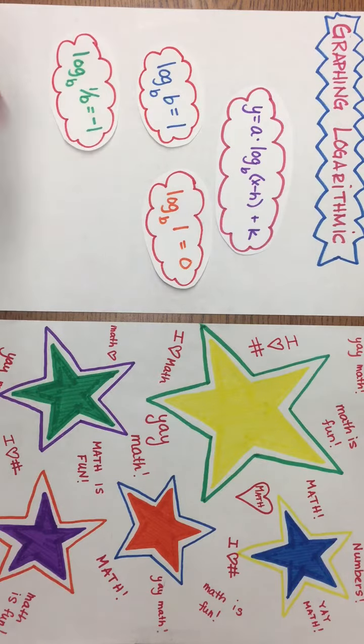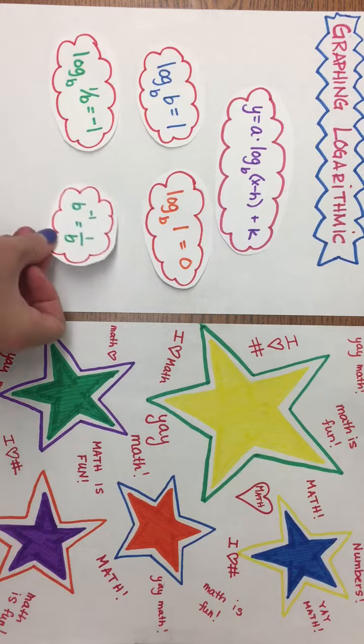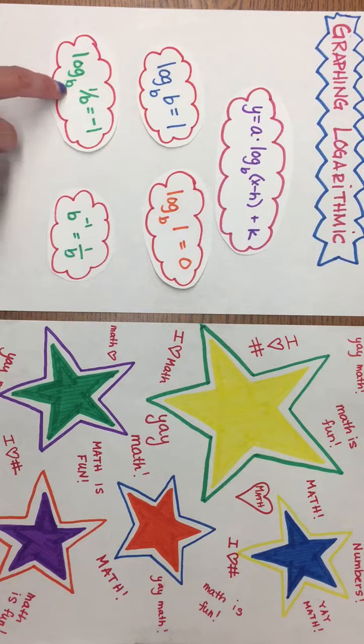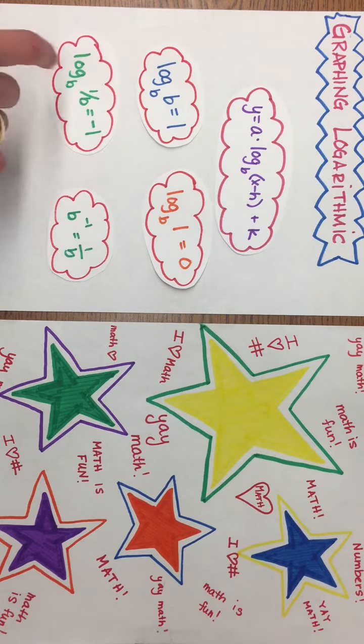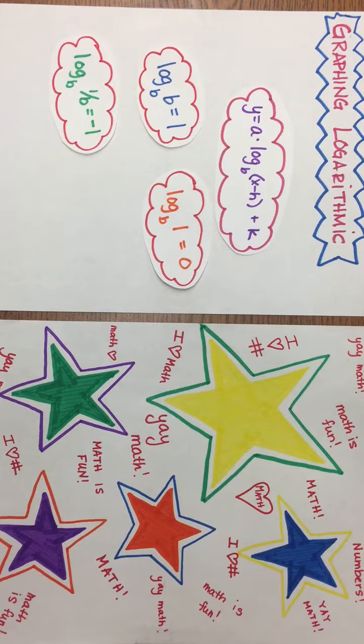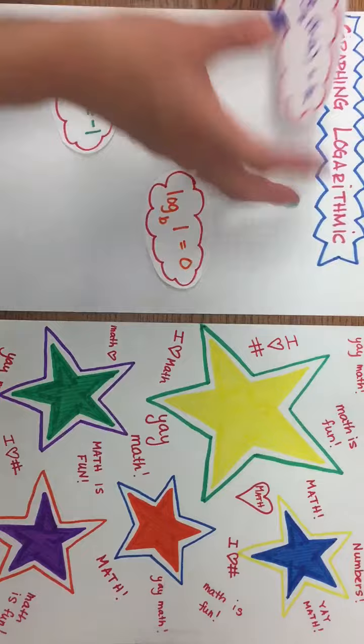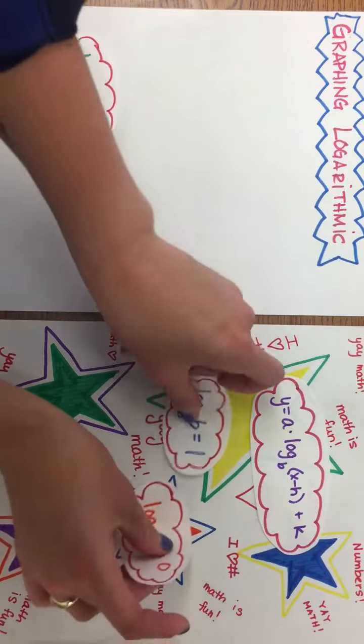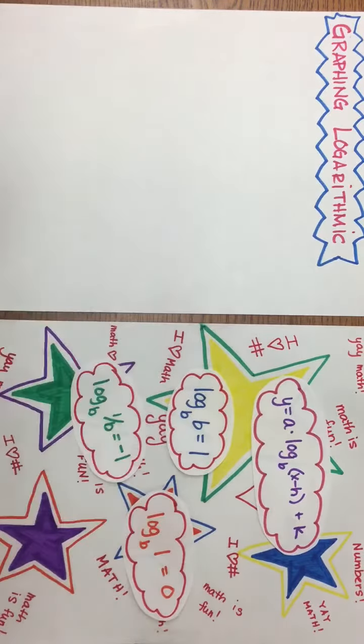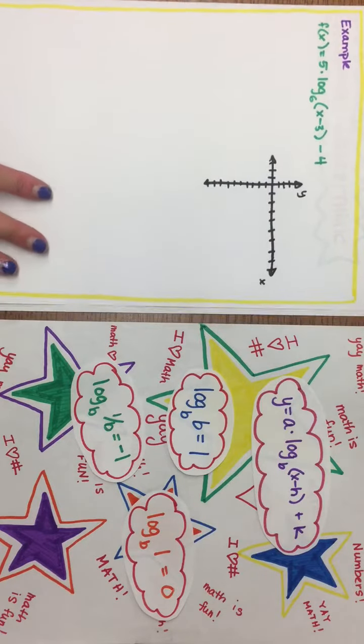And the last one we'll use is log base b of 1 over b is equal to negative 1. That's the same thing as saying b to the negative 1 is equal to 1 over b. So these are equivalent to the same things we used when graphing exponential functions. I want to keep these ready for us for when we get to our graphing problem.